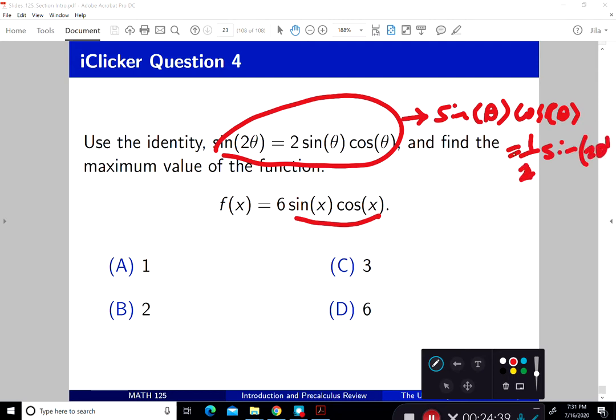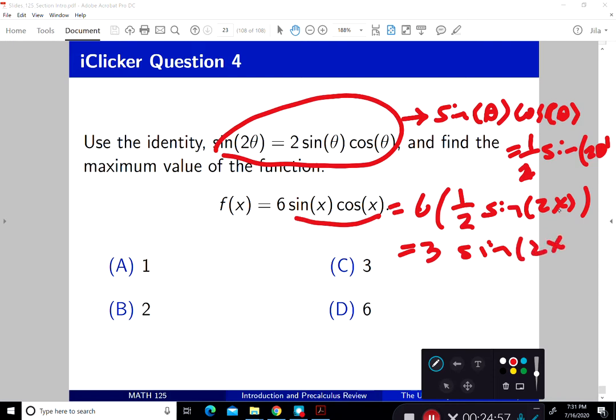And so in here I also can do the same thing. I can write this function as 6 times 1/2 sine of 2x, and then this is 3 times sine of 2x.